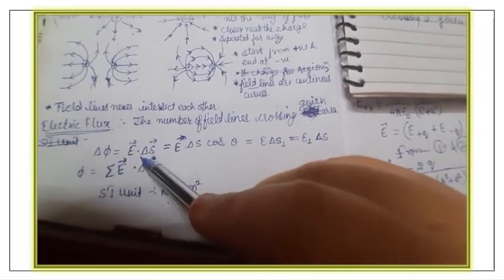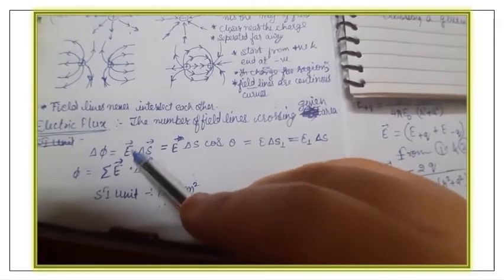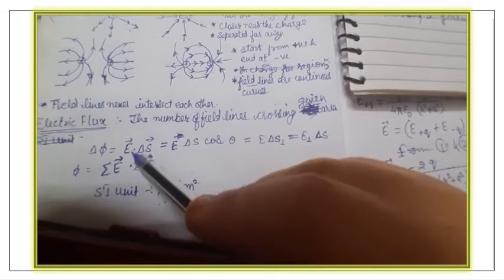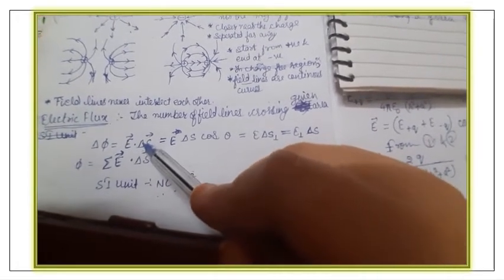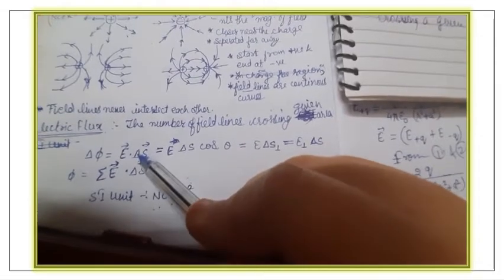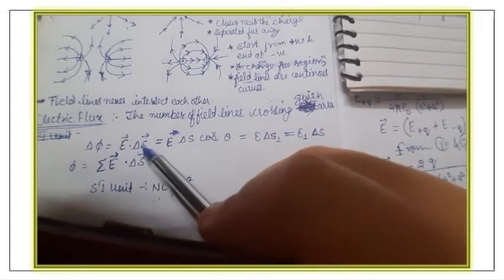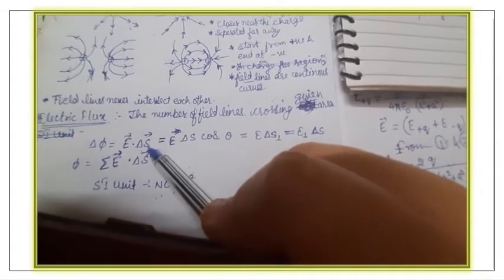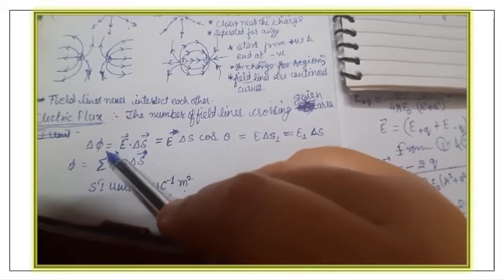Now, a few things from your previous knowledge. The dot product between two vectors, you are well aware of it. E is the electric field vector, and delta S is the area vector for a small area delta S. So suppose the electric field E is there, and the number of field lines crossing a small area delta S is the electric flux.